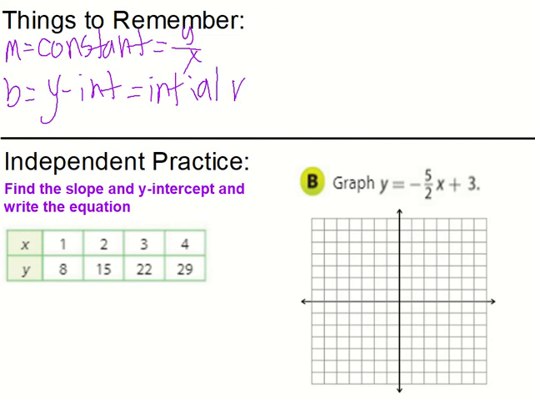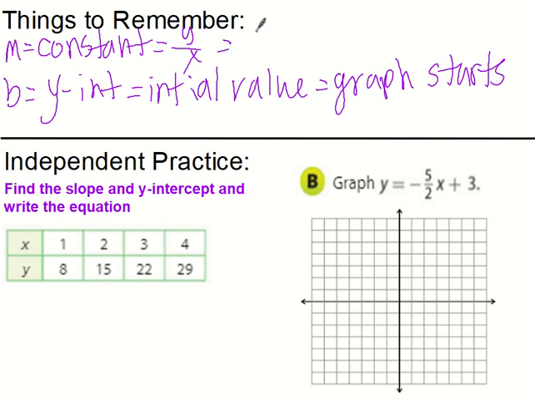I think I totally spelled that wrong. And it's where the graph starts. Oh, we can also add here, this is our triangle. All right, our triangle. Rise over run.